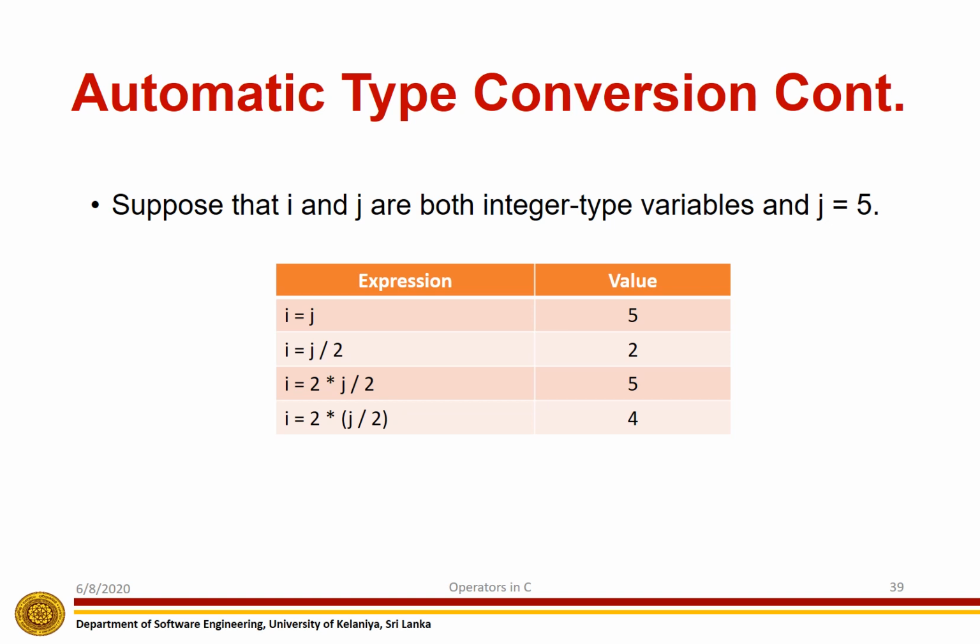Then the last one, i = 2 * (j / 2). Inside the parenthesis, first we have to do j / 2. j is 5 divided by 2, both are integers, so 2 is the value. So 2 multiplied by 2 is 4, which is also an integer value. So that can also be assigned to i. So the i value is 4.